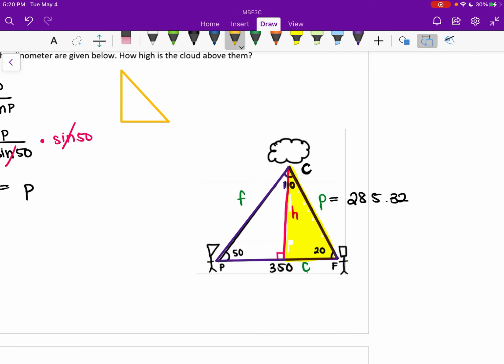I don't know what the side length is. I can't assume that it's 350 divided by 2, but I know that this is 20, I know that this is 285.32, and I'm looking for the height. In this situation, I have the opposite and I have the hypotenuse, so I can use the sine ratio. I can use trig ratio here.